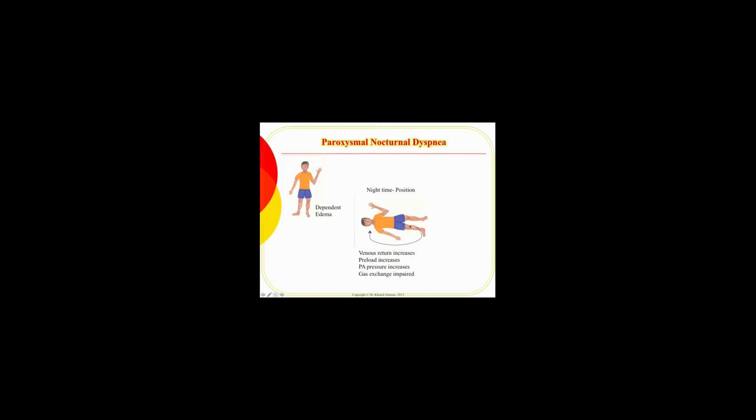It becomes easier for it to go back to the right side of the heart, and from the right side of the heart to the pulmonary circulation, and that increases the pressure in the pulmonary circulation, which could already be high because of left-sided heart failure, and that will increase the pulmonary edema, and that's why the patient wakes up feeling like they are suffocating or like they're drowning. Again, because of this position that the patient assumes at night.